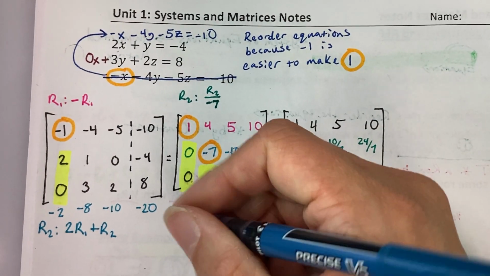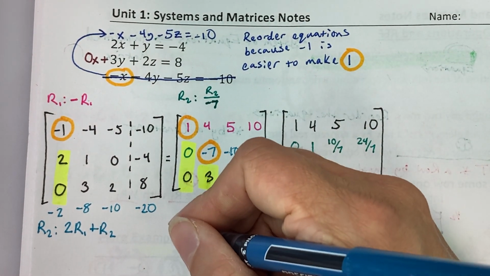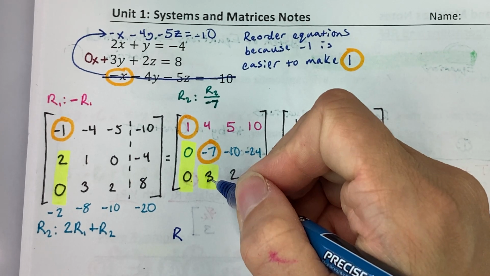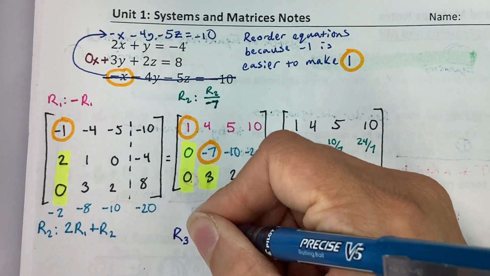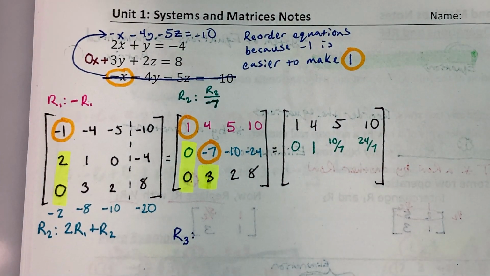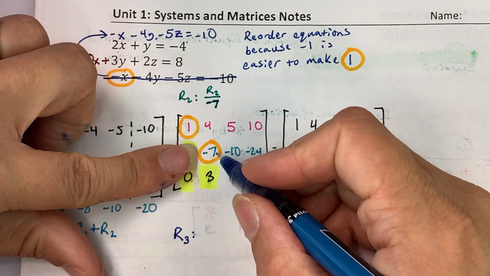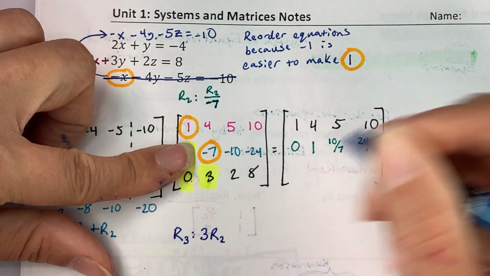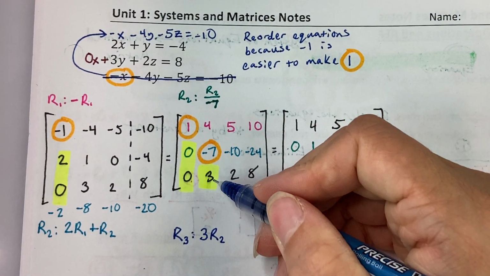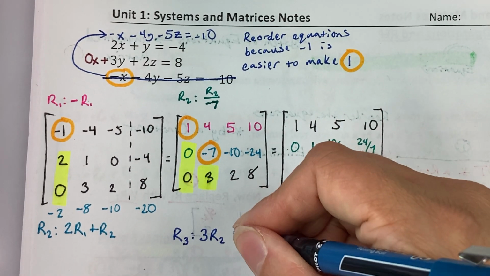So let's go ahead and write those steps first. Which row are we replacing? Row 3, because we want this row to have a 0 there. What are we going to replace it with? We're going to take 3 times row 2, and then 7 times row 3.